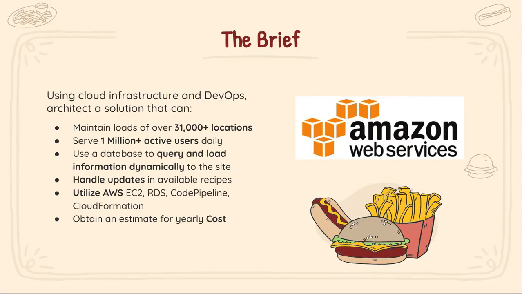We'll be using a database to dynamically load the information for this site, handling updates in the content that is already on the site, and utilizing a lot of the functionality within AWS using EC2 instances, RDS database, CodePipeline, these types of things. And then at the end of our presentation, we'll provide an estimated cost for the year.